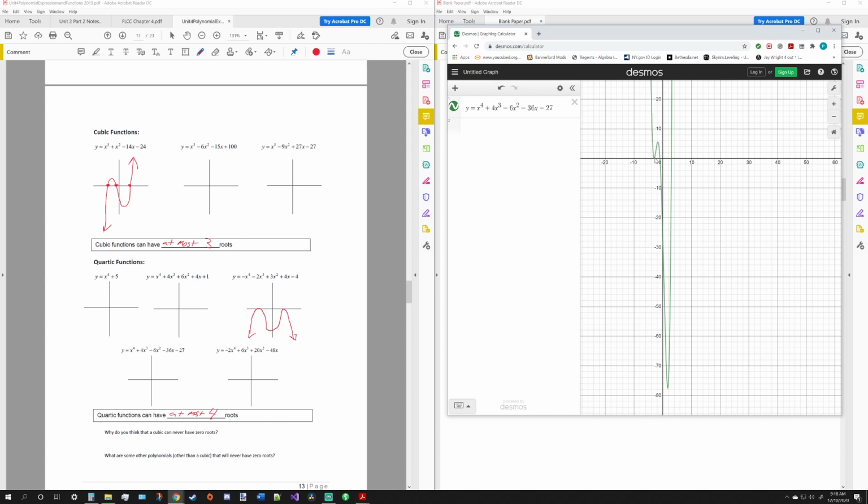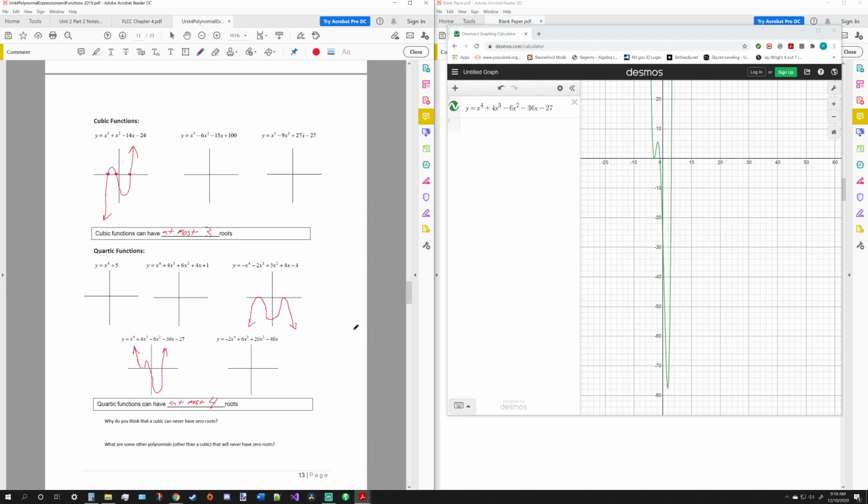Comes down, has one root there, a local max, another root, local min, and so on. So I'll try to sketch that out. All right, again, that didn't come out very good, but hopefully you guys get the idea.